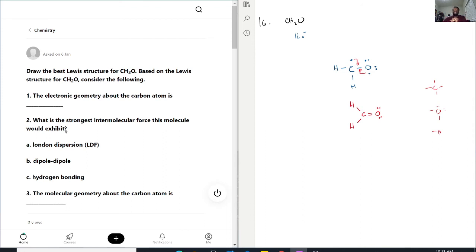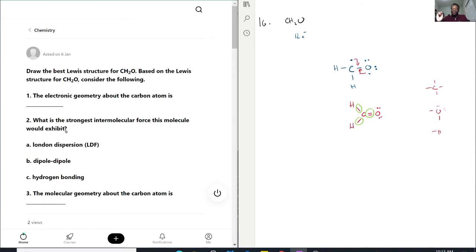So now for the electron geometry, okay, we need to count how many pairs it has, whether it's bonding pairs or lone pairs. So for this, it has 1, 2, and here's the tricky part. Even though it's a double bond, it still counts as 1 bonding pair, okay?